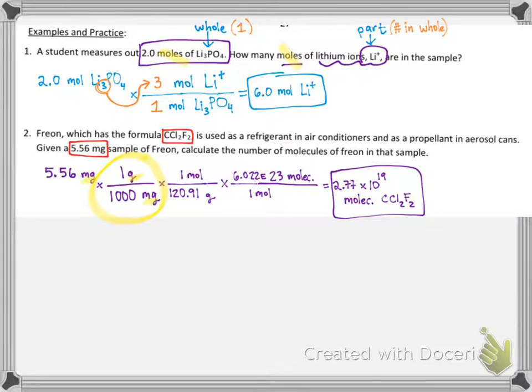Some of you who are paying close attention might be wondering something right now. In the problem up above, I had a number, a unit, and a chemical for all of my parts. Number, unit, chemical, which is very important if the chemical or the part is changing. So if you are converting from a whole to a part, like we did with ions, or a part back to a whole, then you need to label that because it's changing.